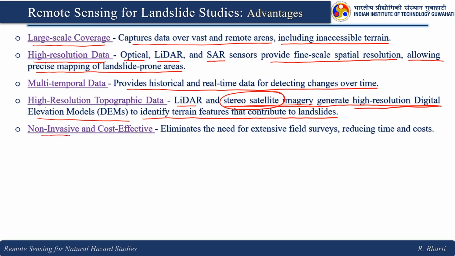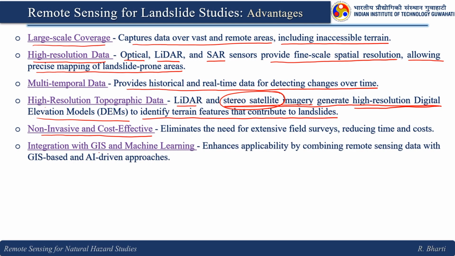This is a non-invasive and cost-effective method. Then integration with GIS and machine learning. This is the best part of remote sensing and GIS, that these images whatever we are generating through remote sensing satellites can be part of our decision support system or our analysis.